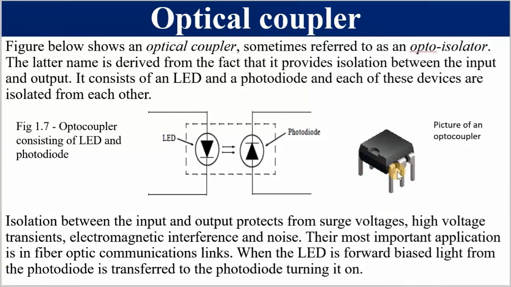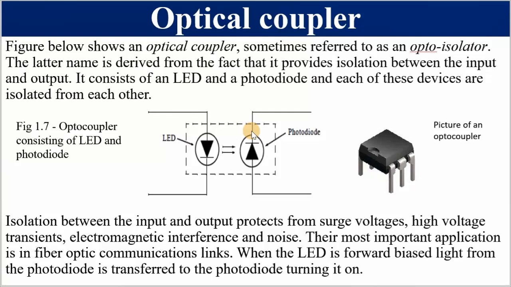So we are saying when current flows through this light emitting diode, or when it is forward biased, it is going to emit light, and this emitted light is going to be incident on the photodiode. When this photodiode senses light, its conductivity is going to improve. Hence, it is going to allow current to flow through it.